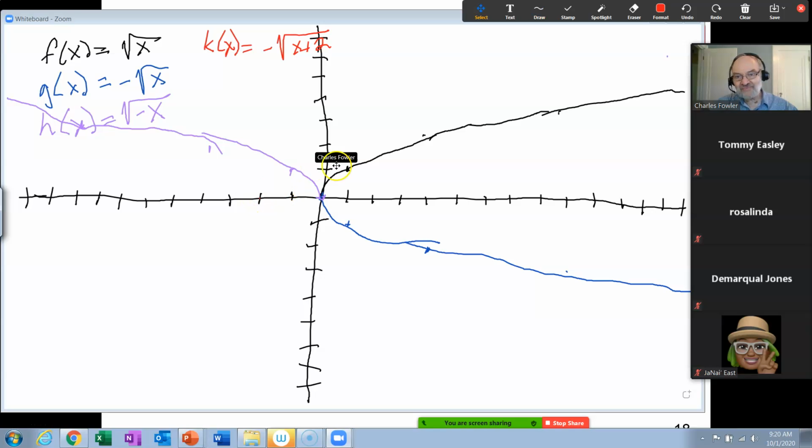So 0 shifts to 0. Goodness gracious, it drives me nuts here. The 0 shifts left to minus 2, and the reflection of the y is equal to 0 stays y is equal to 0. And then this 1 shifts left 2 places to minus 1, and reflects downward to minus 1.